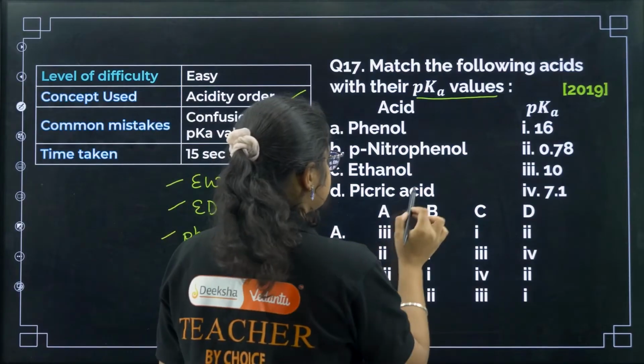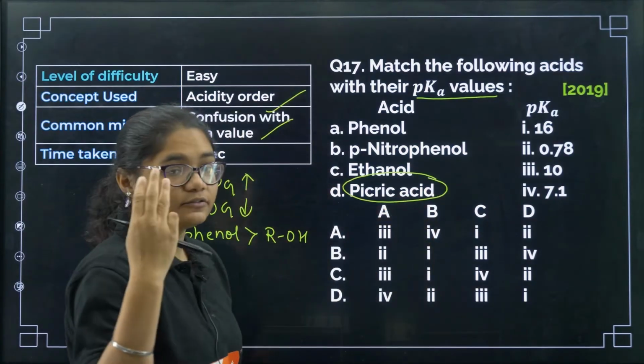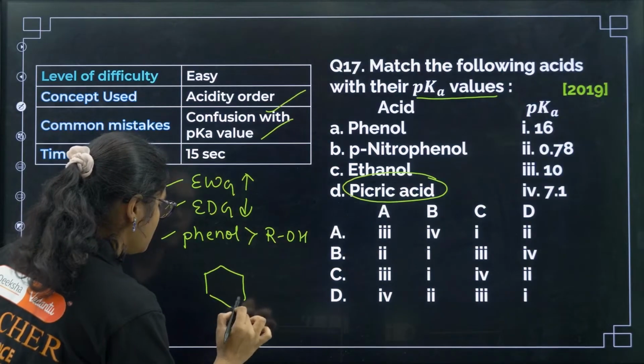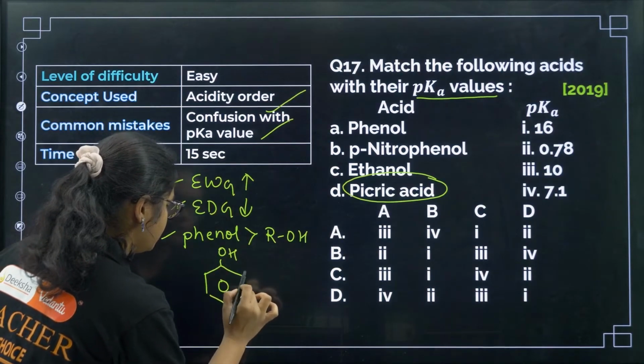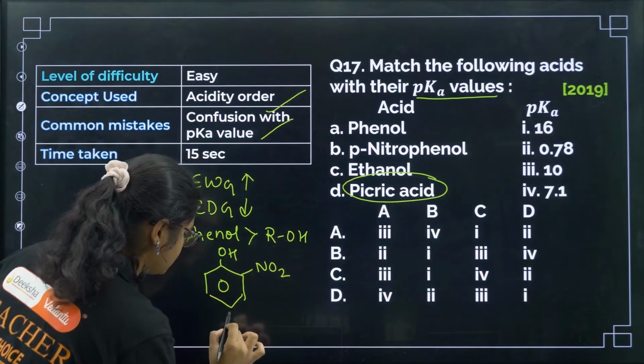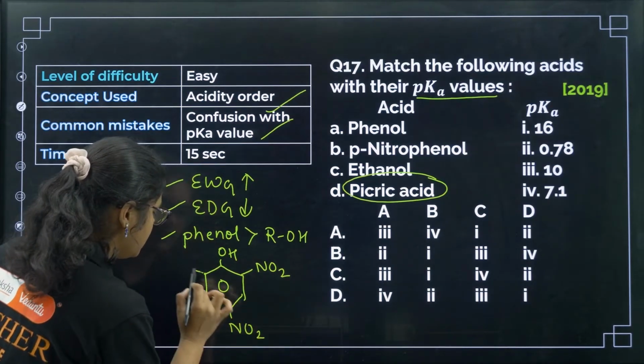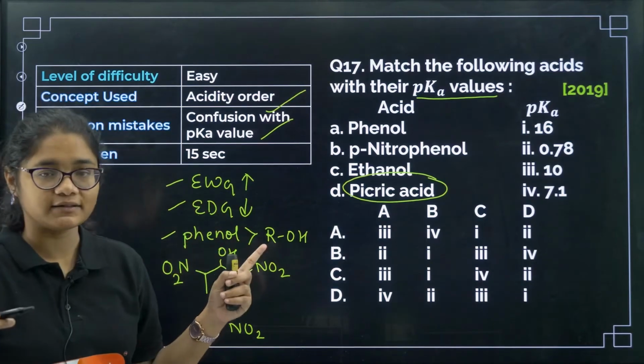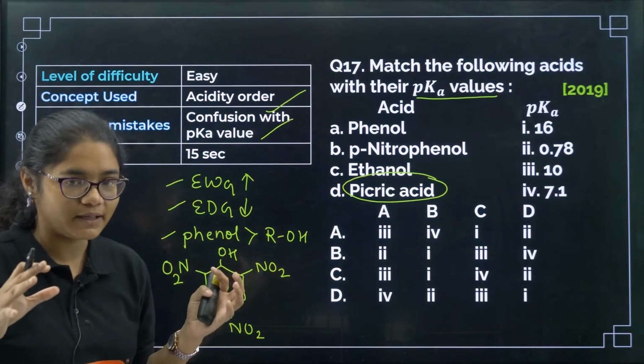So first of all, if we see, picric acid has the 3 NO2 groups. Structure of picric acid, remember, we have OH with 3 NO2 groups, right? So this is what picric acid, more number of electron withdrawing groups are there, definitely acidity will be very high.